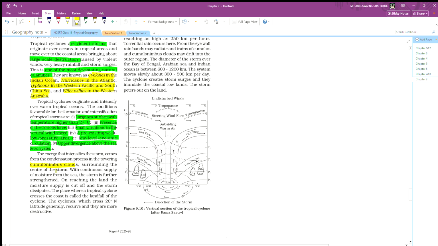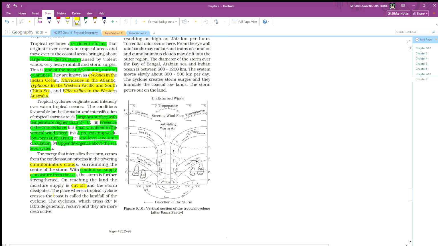The continuous supply of moisture from the sea is the main reason for this destructive power. On reaching the land, the moisture supply is cut off and the storm dissipates.